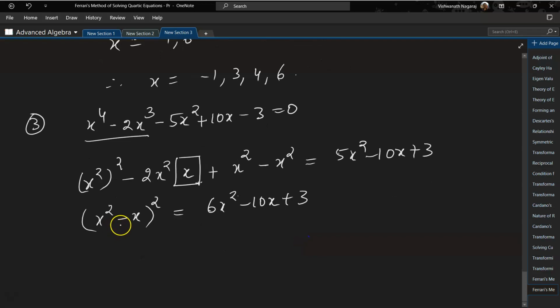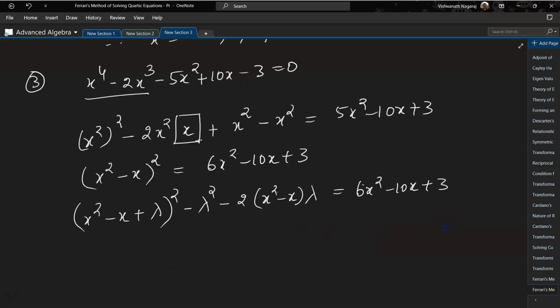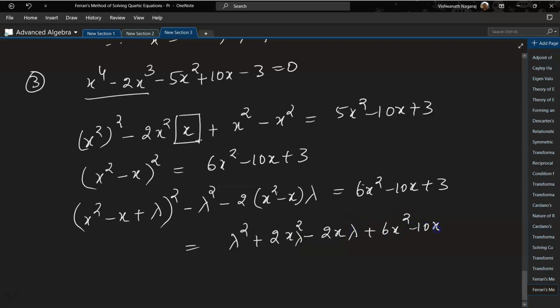Now what we need to do is make this into a 3 terms square. So x square minus x plus lambda square. That means we have added some additional terms, so we need to subtract it. Minus lambda square minus 2 times x square minus x lambda is equal to 6x square minus 10x plus 3. Now let's take this to the other side. So we end up with lambda square plus 2x square minus 2x lambda plus 6x square minus 10x plus 3.